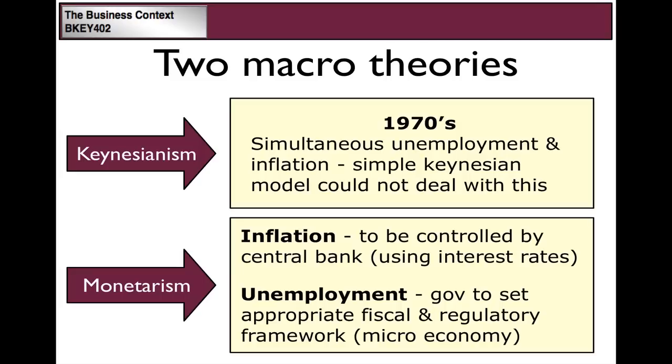The view of how an economy could be managed essentially changed in the 1970s to the monetarist notion, which says we control inflation by using interest rates. I mean, the best way of controlling inflation would be, of course, by controlling the money supply, but given that that's almost impossible to do, the next best solution is to use interest rates to control inflation.